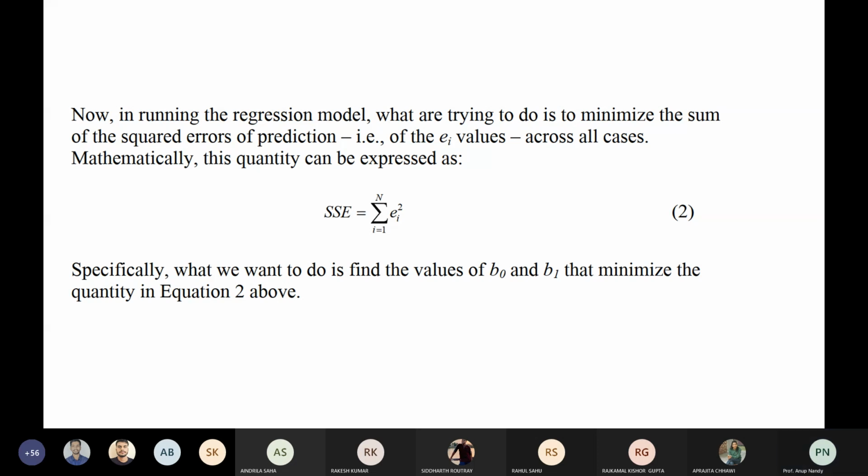Anyone? To make it positive. Very good. But instead of taking the square term, I could have taken the modulus of the sum of e_i, which would also give the same result, positive. But why don't you use the modulus sum of e_i?